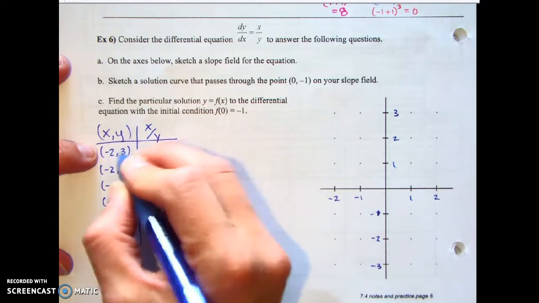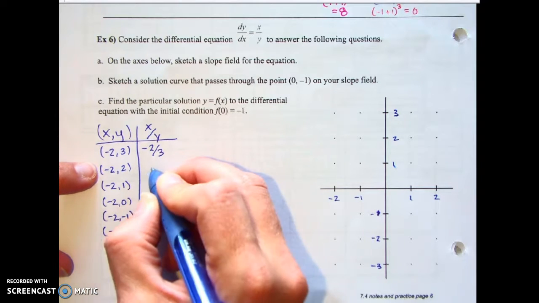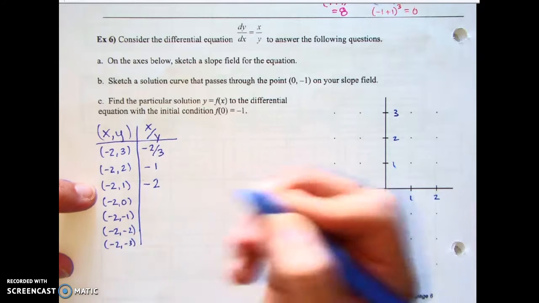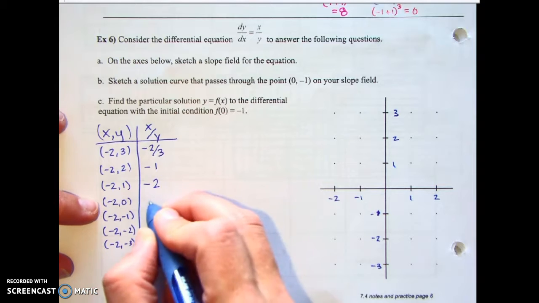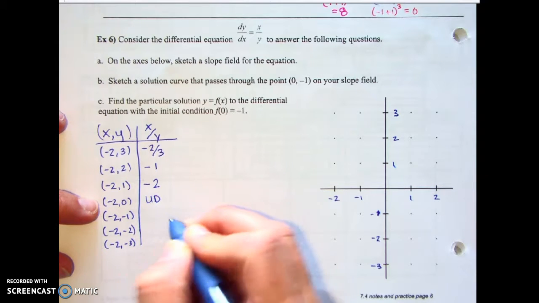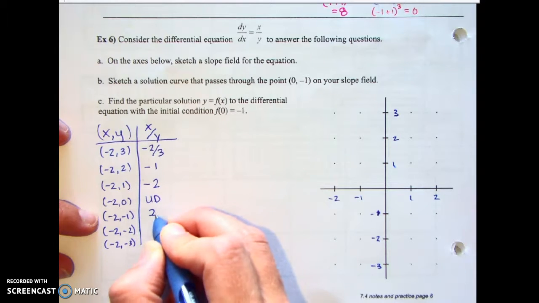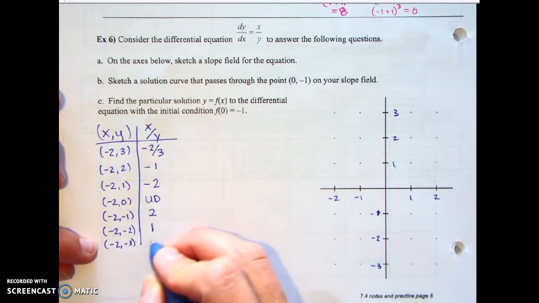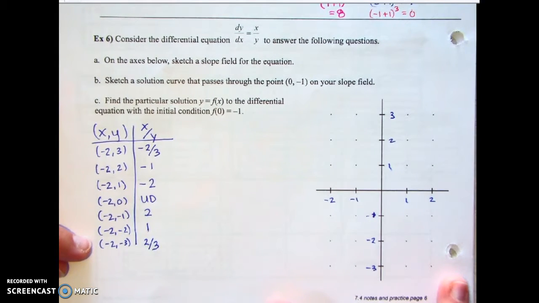So the x value is -2, divided by y, -2/3. -2 divided by 2 is -1. -2 divided by 1 is -2. -2 divided by 0 is undefined, which means you don't draw a slope there. -2 divided by -1 is +2. Negative divided by negative, and then negative divided by negative. So that's our first little set.